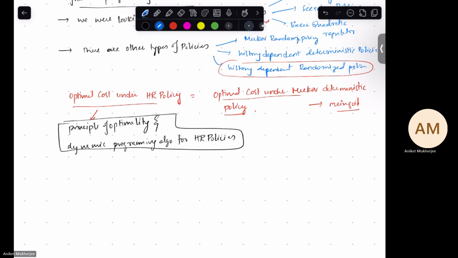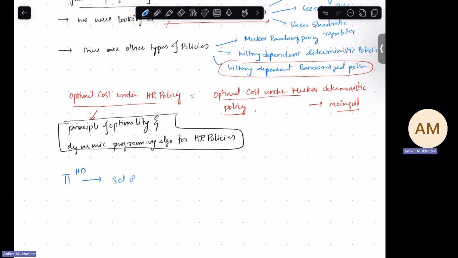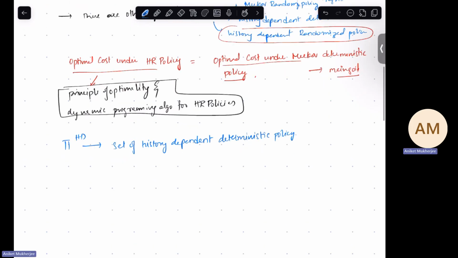So for history dependent policies, basically you have Pi HD, which is the set of history dependent deterministic policies. Okay. If you have a policy which belongs to the set of history dependent deterministic policies, then basically I'm giving a vector of strategies.